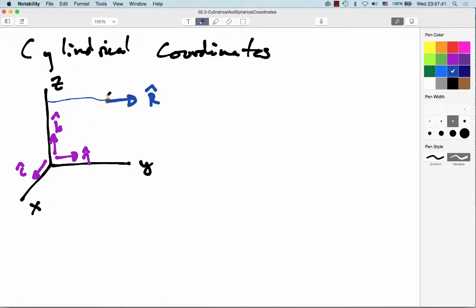The one that's parallel to k, we usually call that z hat, but z hat and k hat are equal. We'll touch on that in a moment.